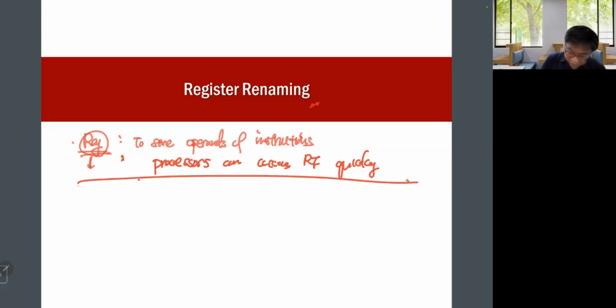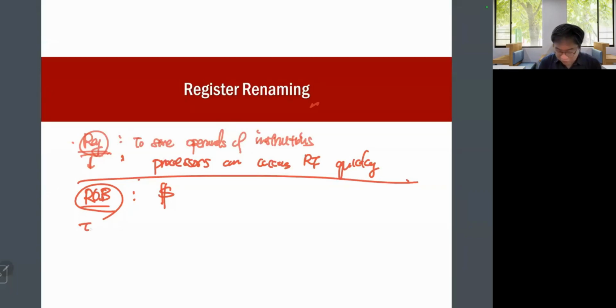The problem is we need a large space in the ROB and issue queue, which means it's expensive. The ROB also should be very fast, which means that we need to access the data in the ROB very quickly.